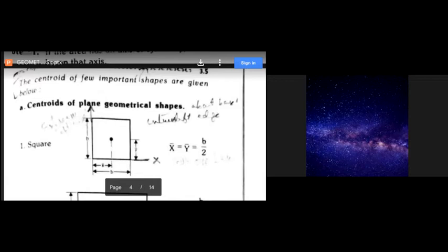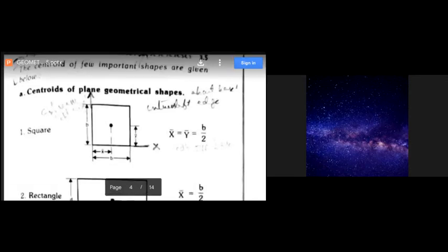Let the x axis pass along the bottom of the square, and the y axis pass through the extreme left edge. The formula for the centroid of the square is x bar equal to y bar equal to b by 2. It means it lies exactly at the middle of its sides. So this is C, CG equal to x bar comma y bar, equal to b by 2 comma b by 2.